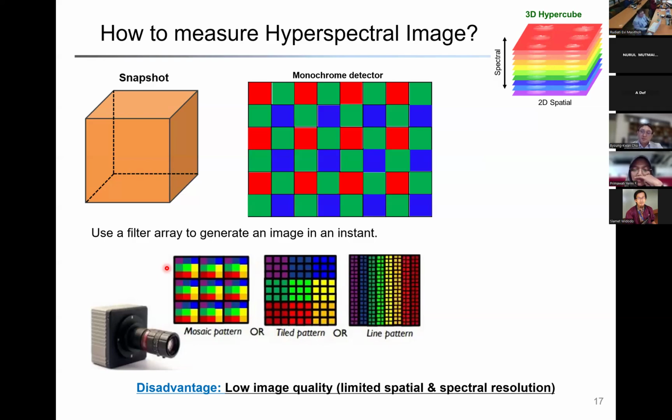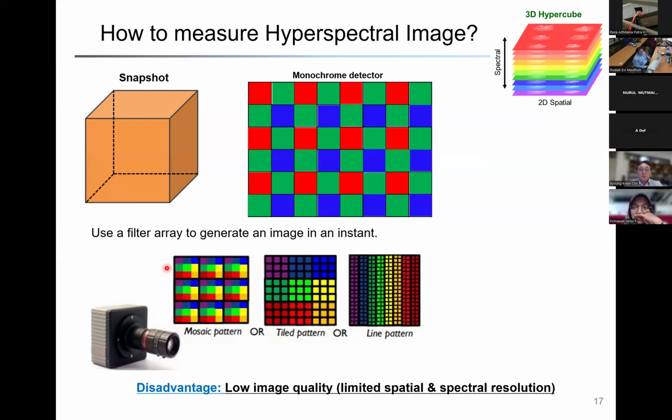Sometimes you can use a tile or line pattern, but mosaic is mostly better. The resolution is the same, but snapshot measurement resolution is lower than other measurement methods. That is a limitation of the snapshot method.